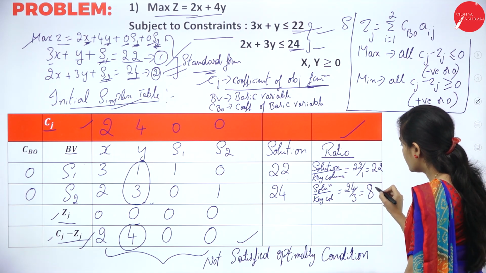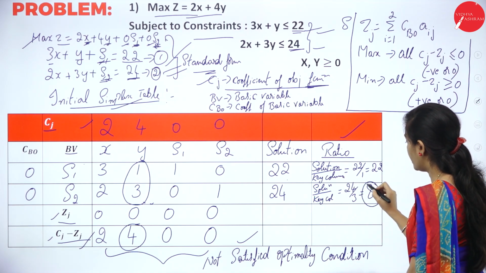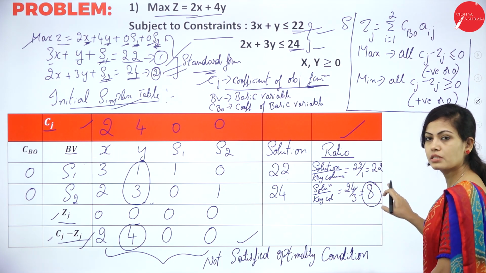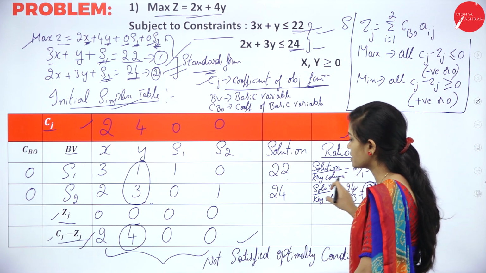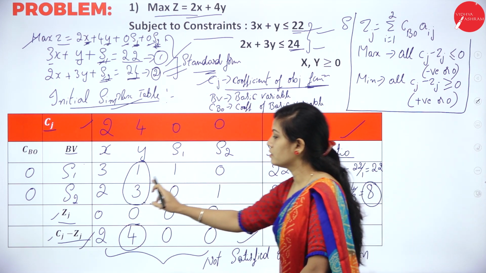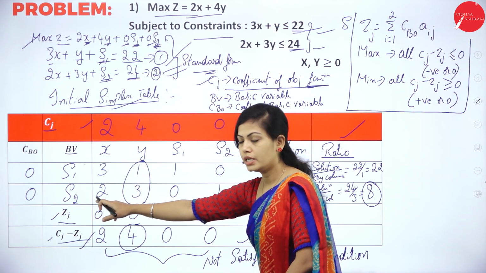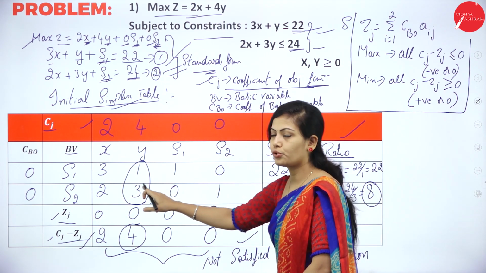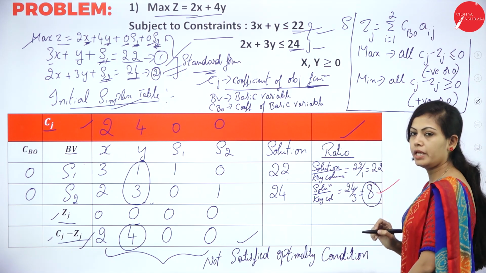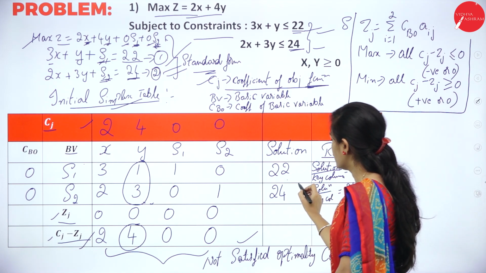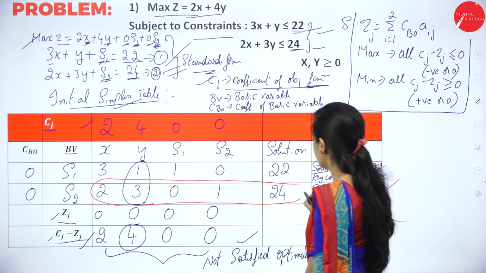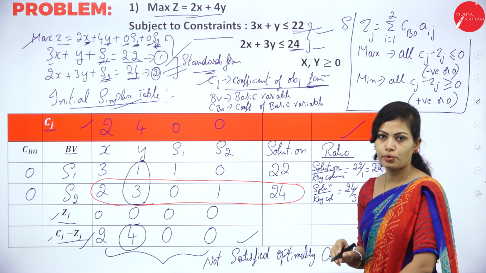We have 22 and 8, and the minimum positive value is 8. So I will select this as the key row. This 8 comes under the row called S2. This is my key row.